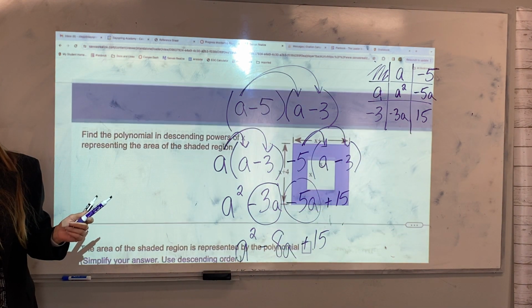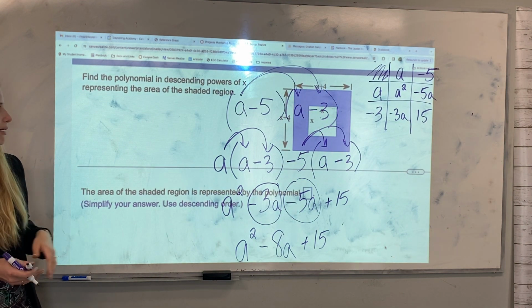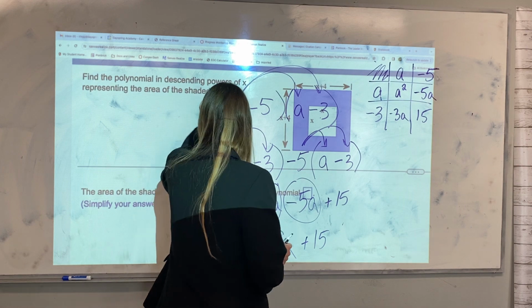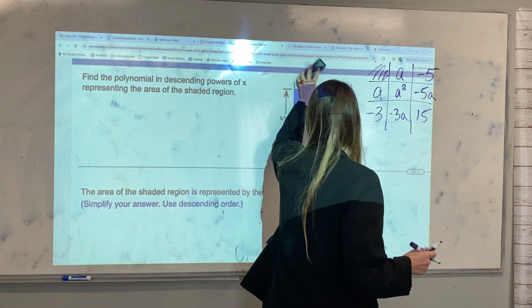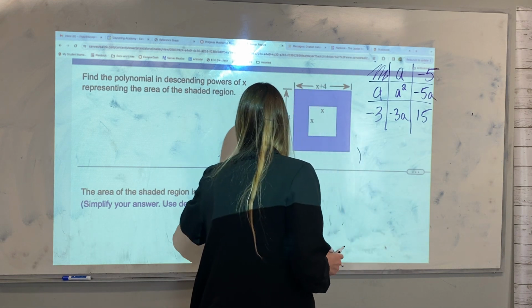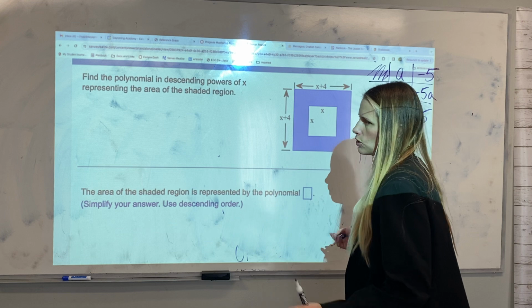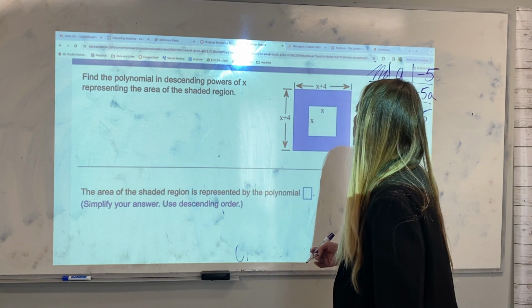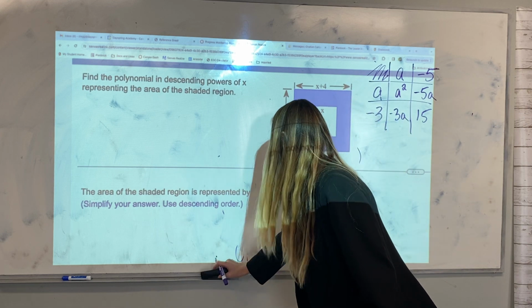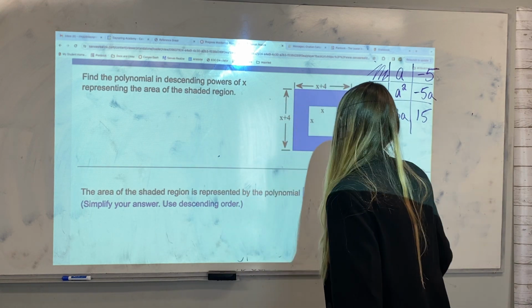Yes. This is the one that I wanna go over on video, so everybody has a video of this, okay? Find the polynomial in descending powers of x, that just means write it in standard form, representing the area of the shaded region.